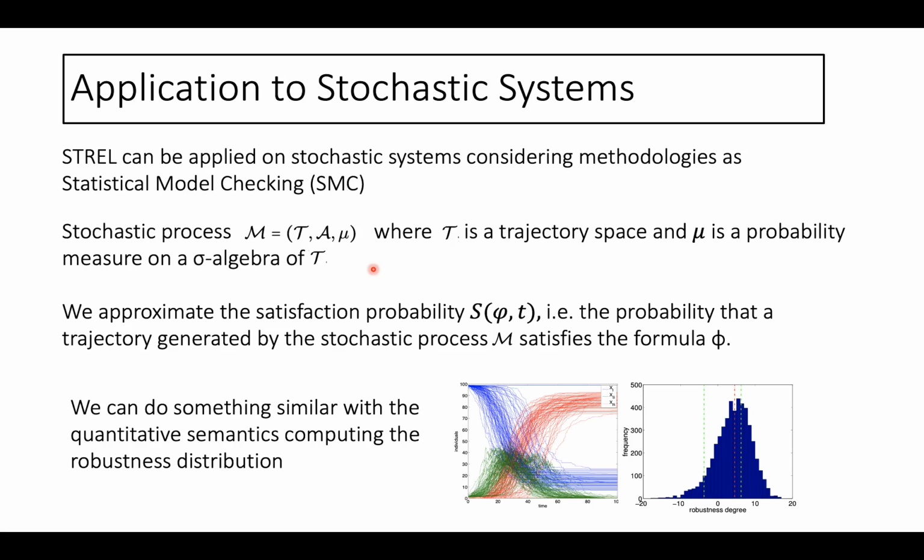We cannot find exactly the fraction of the trajectory space that satisfies the property. But we can do it for a subset of this, where we check a subset of the trajectory space, and then we approximate the satisfaction probability. That means the probability that a trajectory generated by the stochastic process satisfies the formula phi.